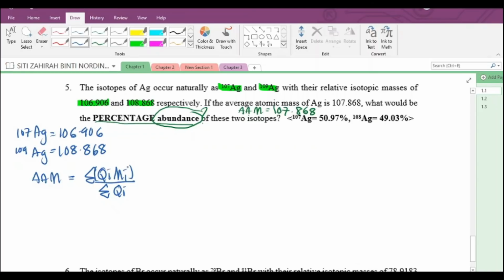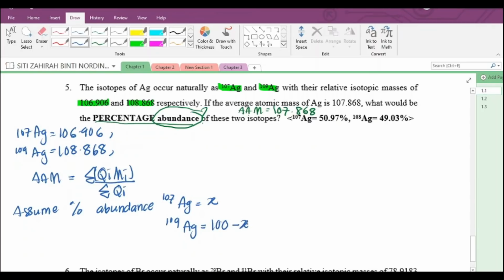Okay, so we don't know the abundance for both isotopes. Since the question asks you for the percentage abundance, you can assume the percentage abundance for 107 Ag to be X, and the percentage abundance for 109 Ag to be 100 minus X. So let's substitute this into the formula.